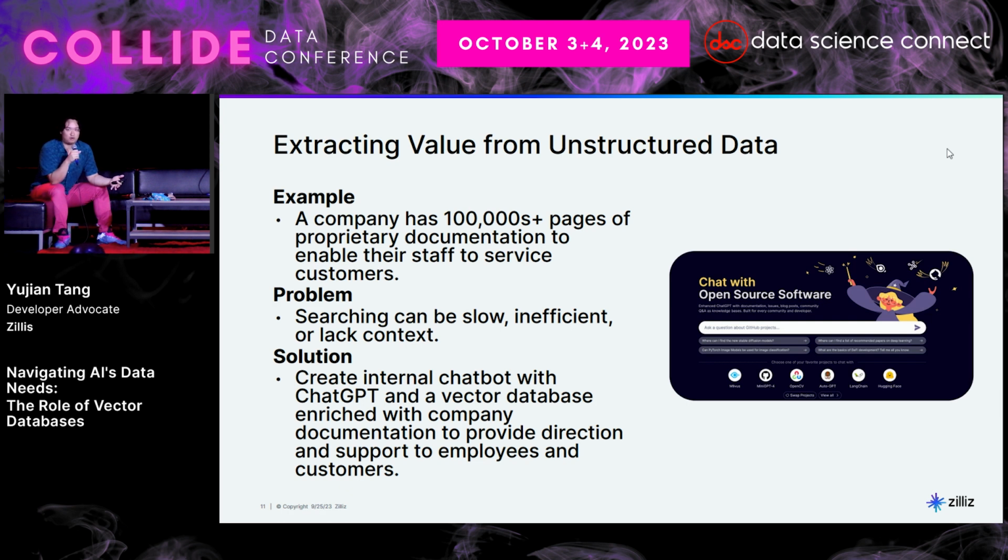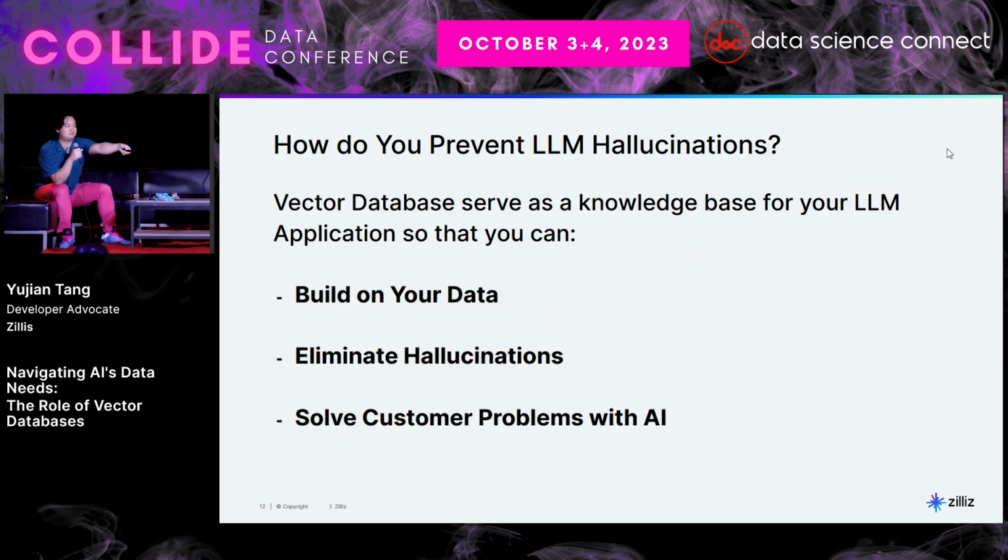And so it's much more efficient to use something like a large language model. In this case, we have actually built an example of this called OSS Chat. You can check it out at osschat.io, and it allows you to chat with open source software. And if you have an open source project that you want to submit, you can go to our site and submit it.